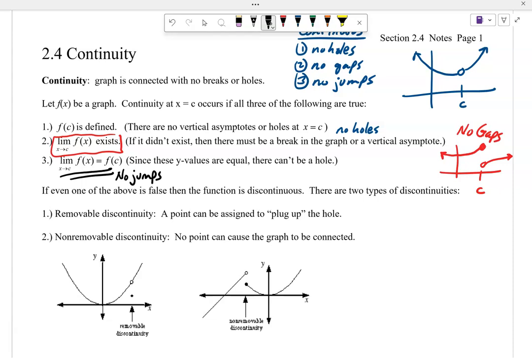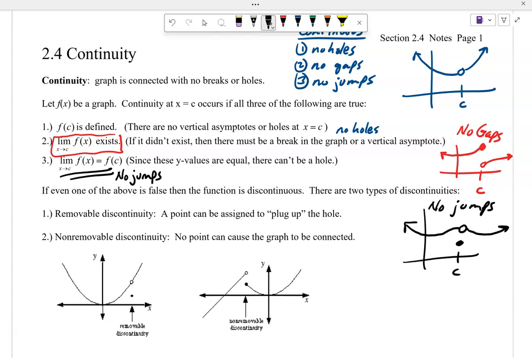Here's an example of a jump at c. That cannot occur, right? I can't have the limit being different than the functional value. So again, no jumps. So no holes, no gaps, no jumps. That's the name of the game with continuity.